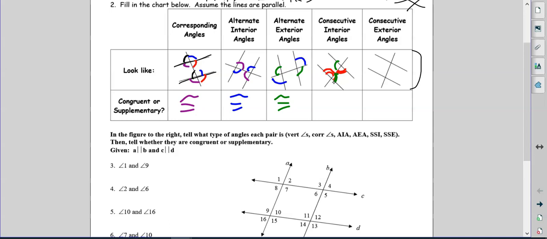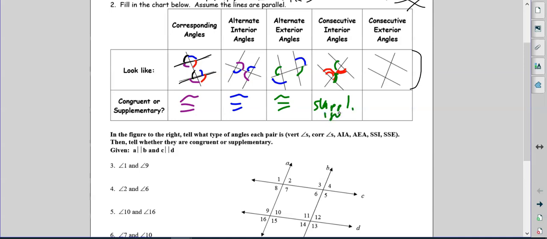But consecutive are the red and the green. Consecutive means they're the next one in line and they're both inside. This one is a special one because this is the one where one is obtuse and one's acute, which means they are supplementary. They add up to 180.